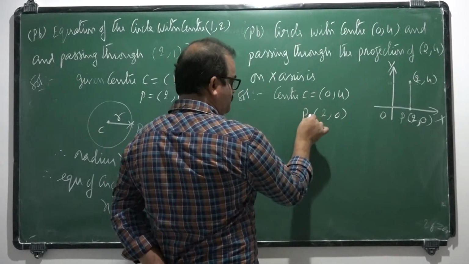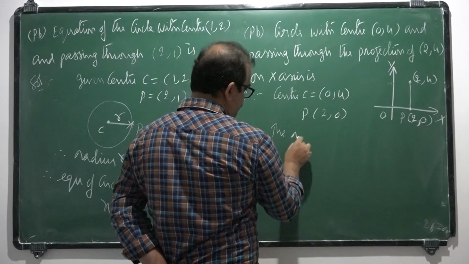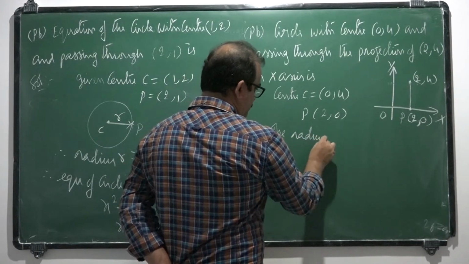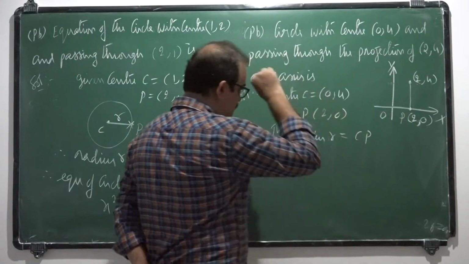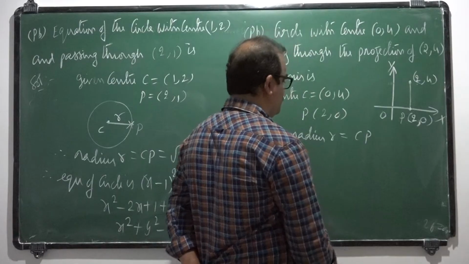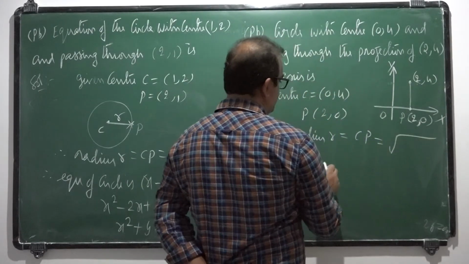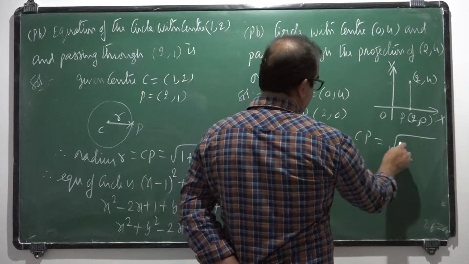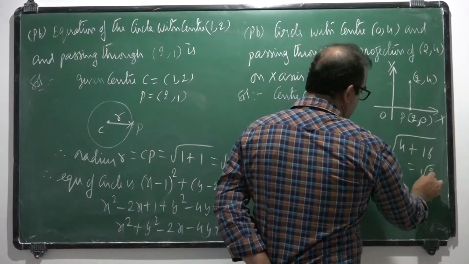The center is known and the passing point is known, so the radius r is the distance from the center to that point. Find the length CP: 2 square 4 plus 4 square 16, root of 20.